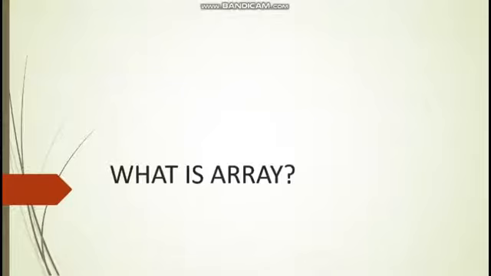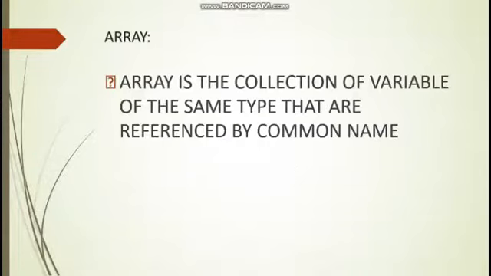So let's get into what is an array. If we look at the definition, an array is a collection of variables of the same type that are referenced by a common name.